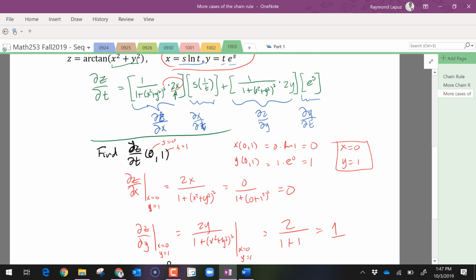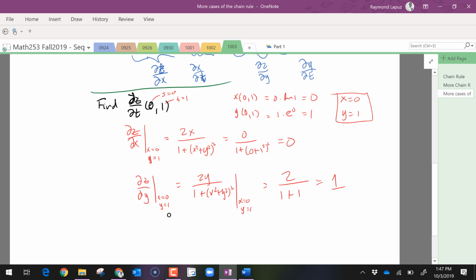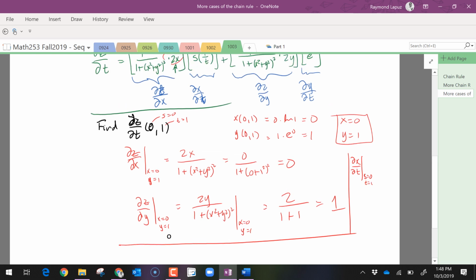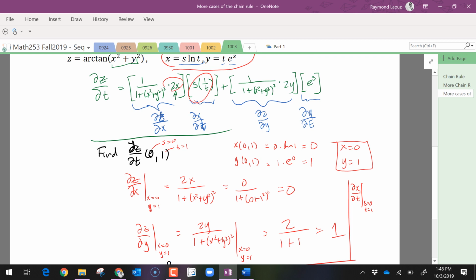I guess we need to do that too. So let's do that real quick, off to the side here since I didn't leave myself much room. dx dt evaluated at 0, 1 for s and t, and that comes from this derivative right here, so 0 over 1.